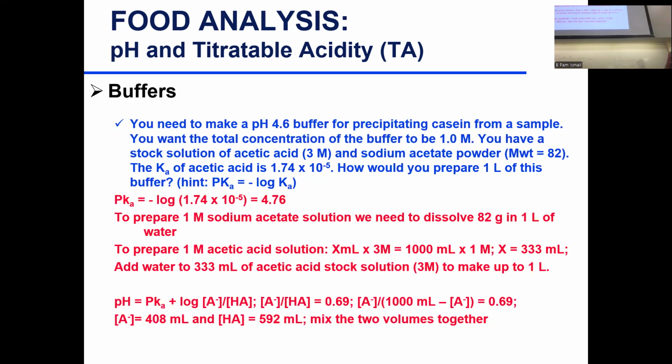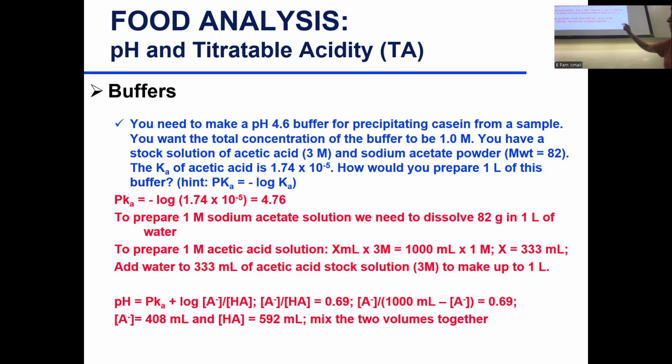And then just mix volumes. So meaning prepare 1 molar of acetic acid, prepare 1 molar of sodium acetate. So now we have 1 molar of each, right? And then the final volume would be 1,000 milliliters.